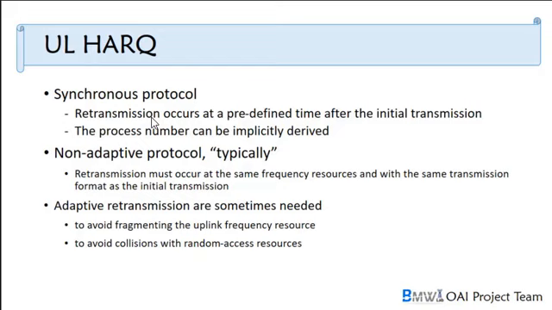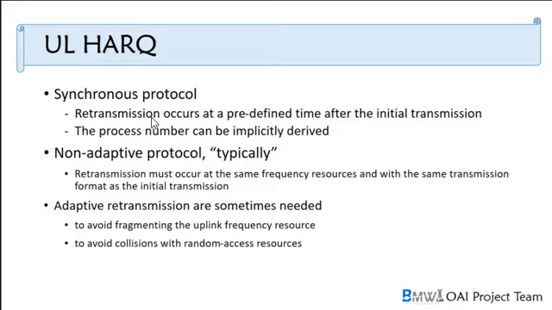Retransmits must occur at the same frequency resources and with the same transmission format as the initial transmission. So for the non-adaptive, it will use the same resource allocation. For the adaptive, it will use a different resource allocation.